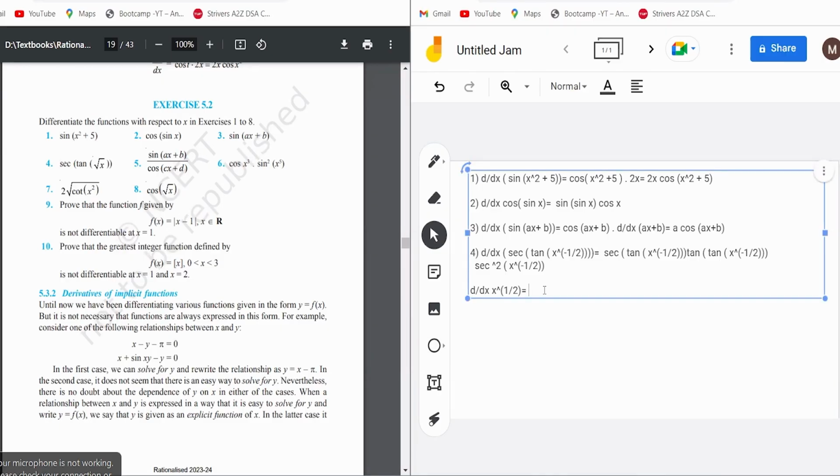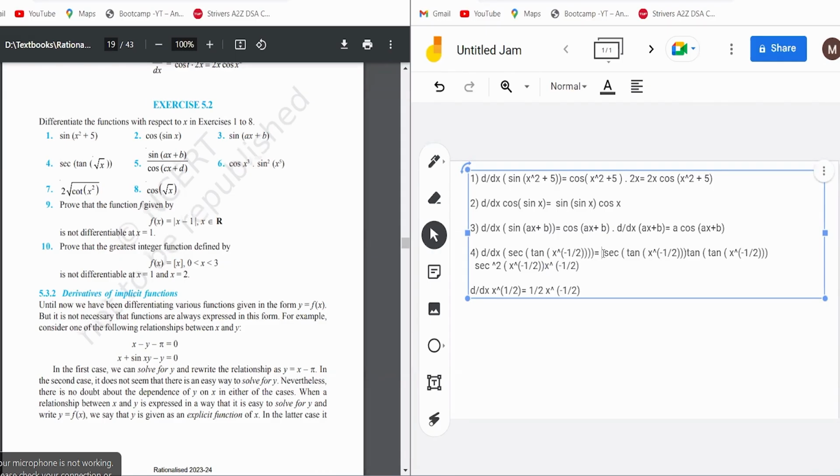So it would be half x power n minus 1, which is half minus 1, which is minus half. Okay. This would be the differentiation of root x. So just multiply this here. To make it clear, I'm just taking half outside.